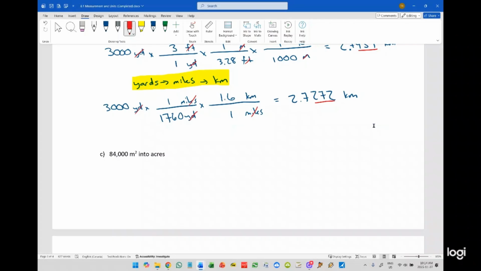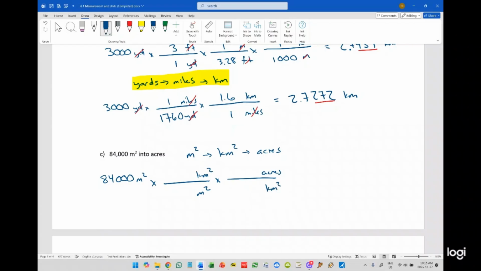And in this case, we have meters squared. Do we know how many meters squared are in an acre? I don't think we do. But we do know meters squared to kilometers squared and kilometers squared to acres. All right, so let's start off with 84,000 meters squared, 2 fractions, kilometers squared, acres, meters squared, kilometers squared.